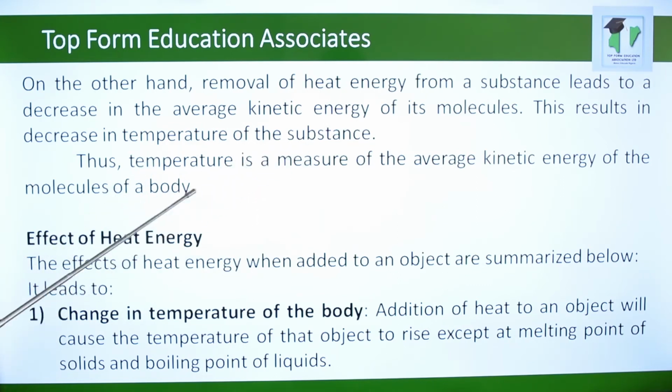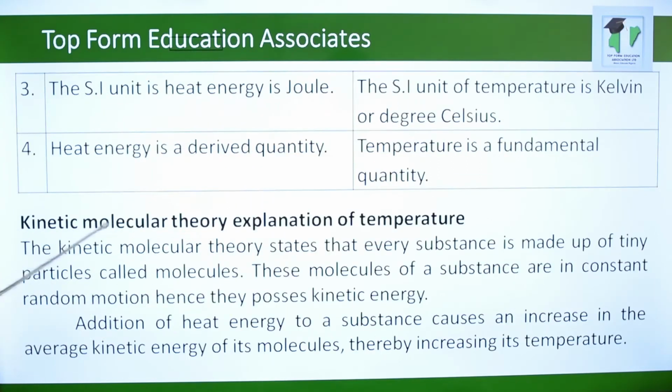And so with this, we have seen that we can use the kinetic molecular theory to explain temperature. If you add heat to a substance, for instance water, the molecules of that water will gain heat energy. Then the kinetic energy of these molecules will increase.